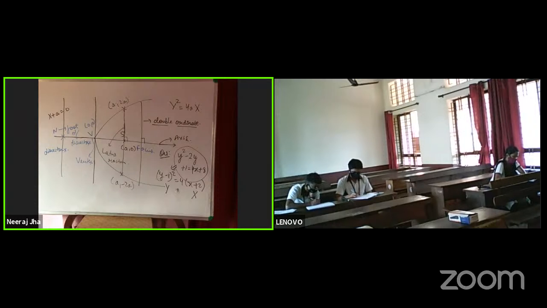Yes, what is the focus? चलो सबसे पहले vertex बताओ. What will be the vertex? Yes, Pranamya will tell me. Pranamya, vertex क्या है? What is vertex?